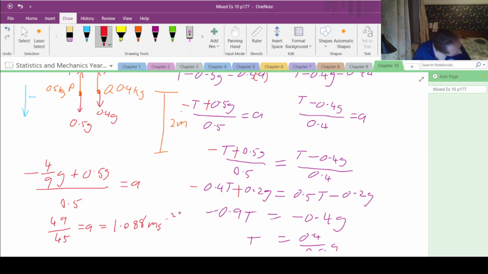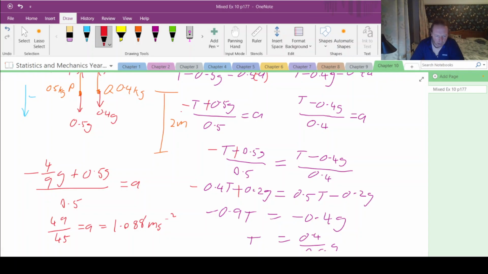Okay, that doesn't feel right either. Is it a rounding error? I'll put it into the calculator correctly. So minus tension, did I multiply the tension by that? Minus 4.5, we'll come back to it.